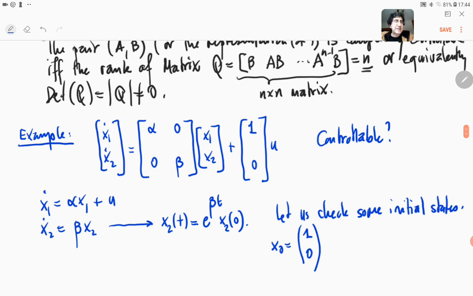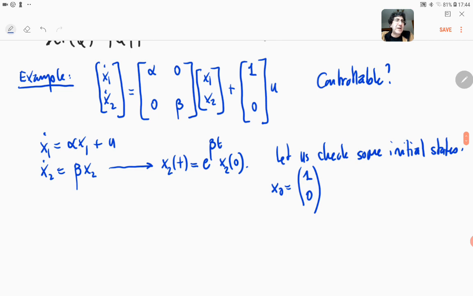We can see that x2 will start from 0 and will stay at 0, because whatever the value of beta, nothing is going to happen with x2 since its initial value is 0. So x2 will stay at 0, and for x1 we have input affecting it, so we can actually find an input that brings x1 to 0.